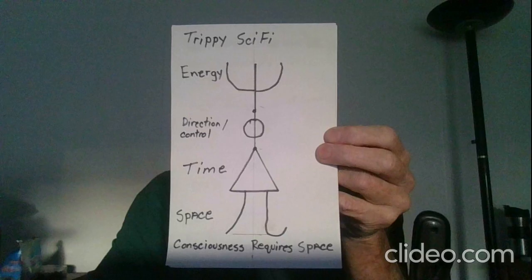Below that, there's a triangle, the Greek alphabet delta, and that represents time. Then the delta is resting on top of the Greek letter pi, P-I, and pi represents space. And then below that is written, consciousness requires space.